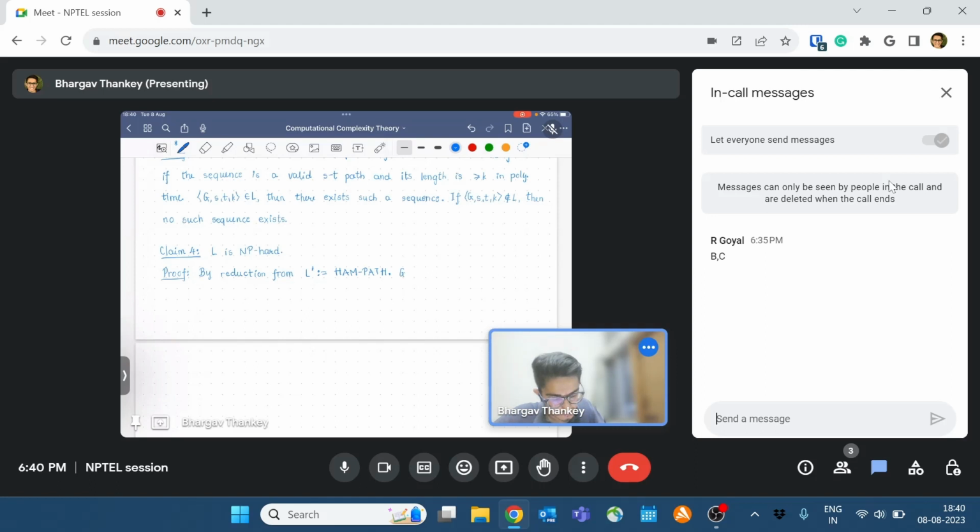Given an instance G of L prime, create G prime as follows.